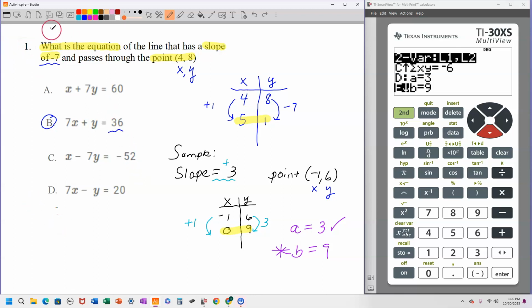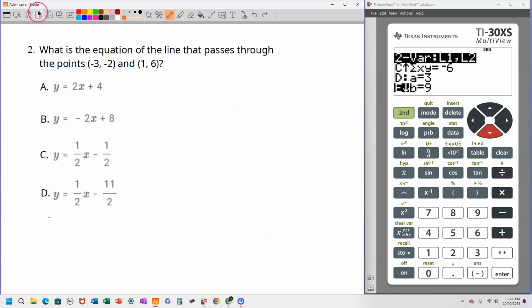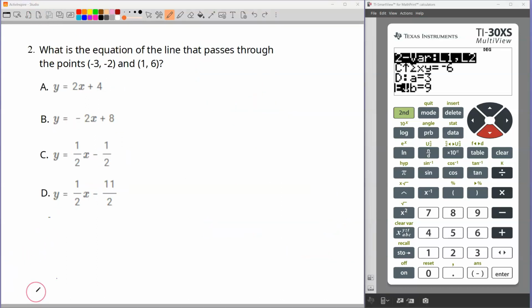Let's go to question number 2. What is the equation of the line that passes through the points -3, -2, and 1, 6? Again, this is a similar problem.